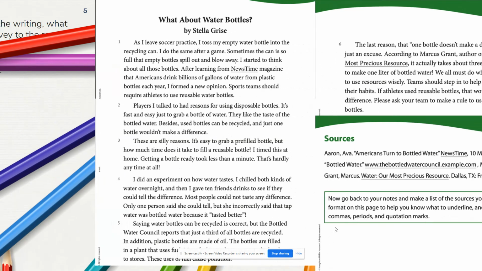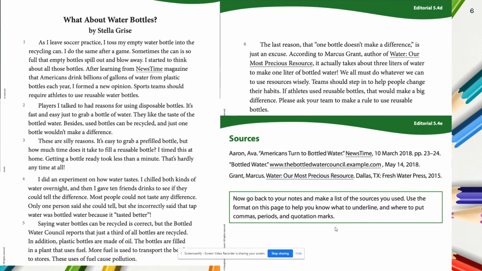Let's take a look at our mentor text again. We previously read What About Water Bottles by Stella Grice. I'm going to show you some spots that model tone within this writing. I want you to pay close attention to what I'm showing you.